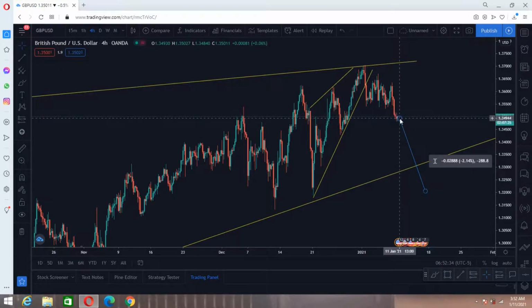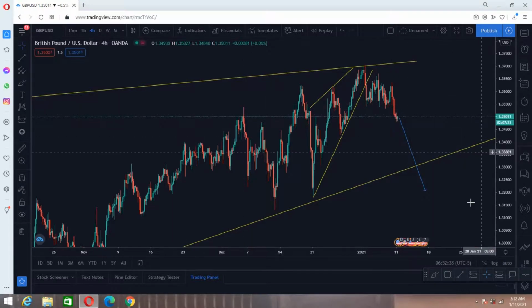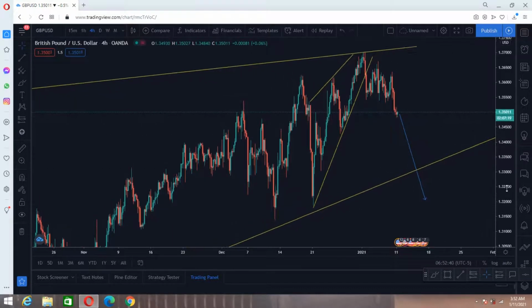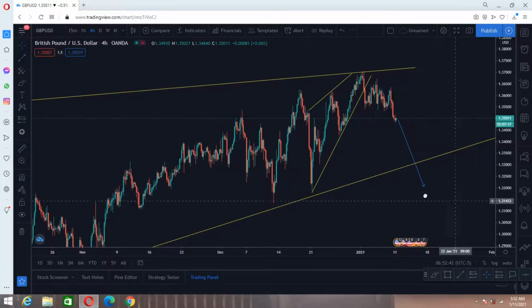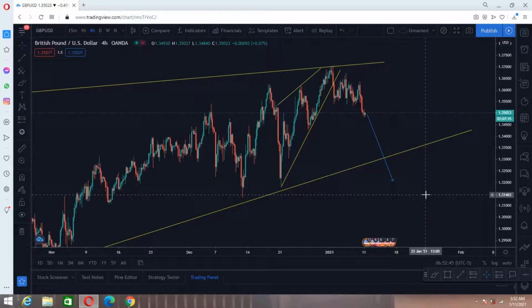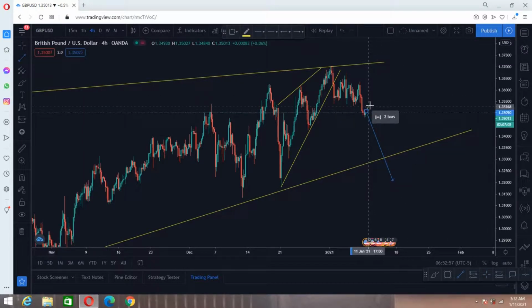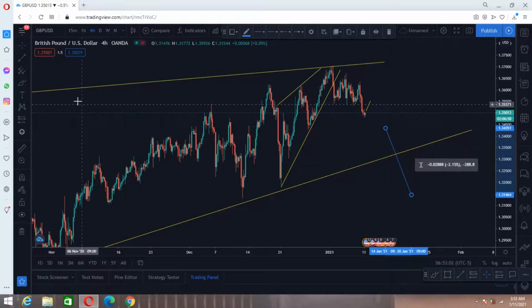So I'll look for myself entries somewhere here. If you go down to the 15-minute time frame, that's when you can see those continuation patterns or reversal patterns, then you can enter. So what we will be expecting here on GBP USD is something like this.